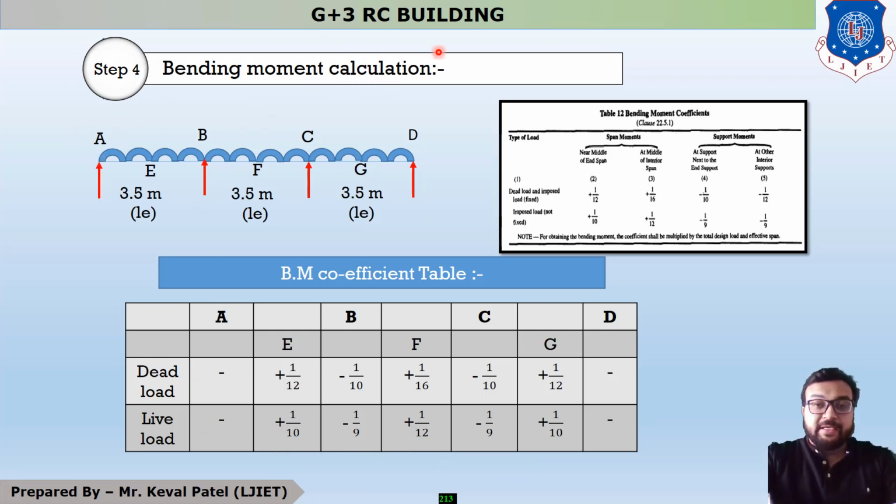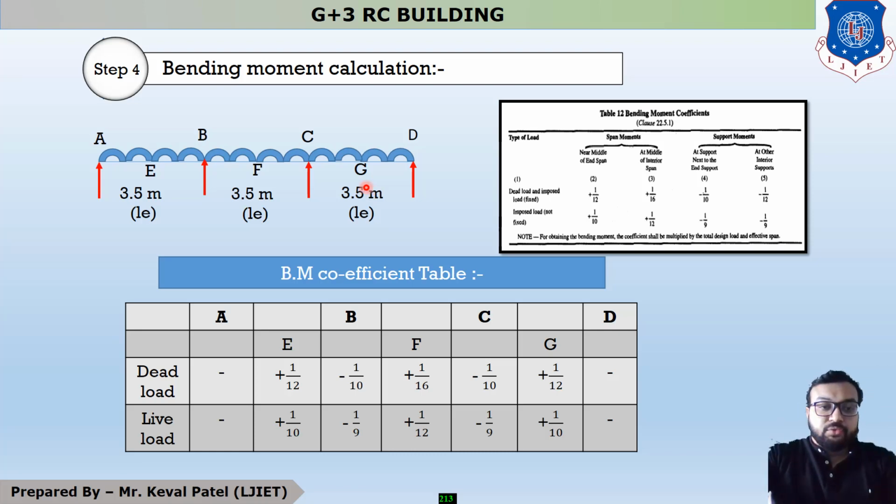Students, in the question, it is clearly mentioned that there is a 3 span continuous slab. This is span number 1, having an effective length of 3.5 meter. There is no clear span over here. This is span number 2, also having 3.5 meter effective length, and this is span number 3, also an effective length of 3.5 meter. You all know that the support of a slab is a beam or wall.